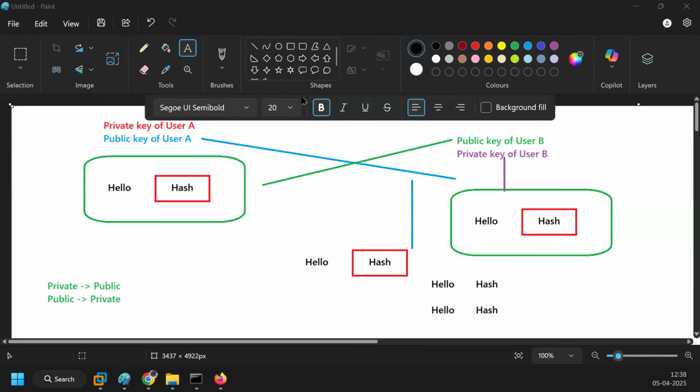Now, let me tell you the reason why we are performing all these actions. See, guys, the mode of communication we are using is the internet, and anything that is connected with the internet can be hacked, because the attackers are sitting on the internet.